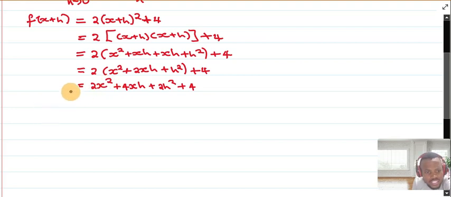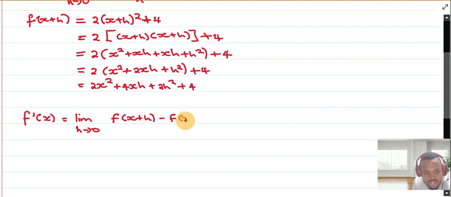You can take this and go back to the equation that was given to you. Okay, it says that a limit as h approaches 0, f of x plus h minus f of x all over h.